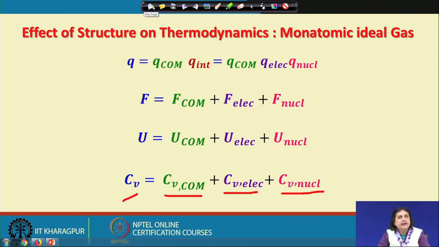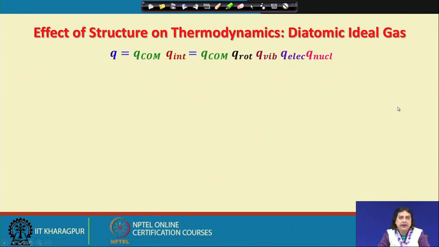And extending this discussion on the effect of structure on thermodynamics, we can now consider diatomic ideal gases, and there once again I will remind you that the overall small q now involves two additional terms, q rot and q vib, and these will appear as additive terms in thermodynamic properties like the Helmholtz free energy.